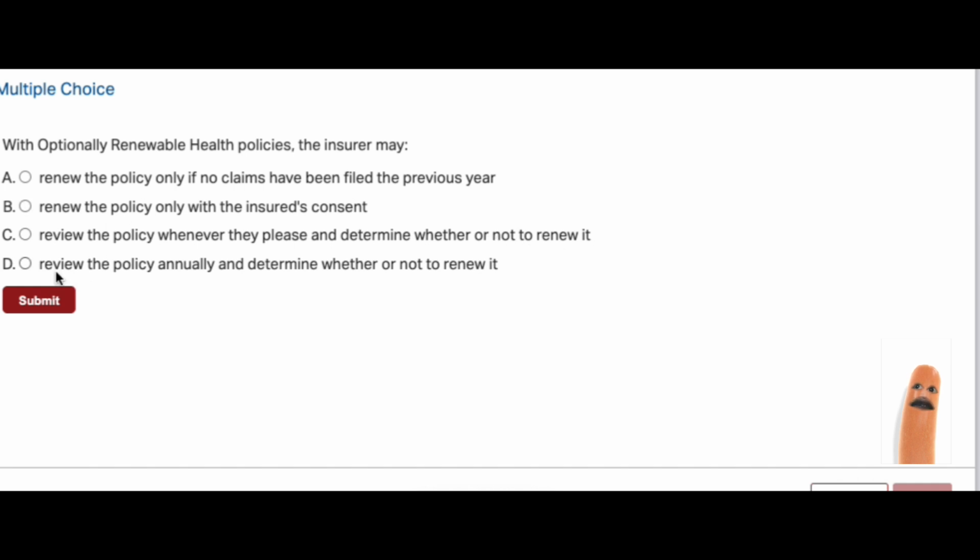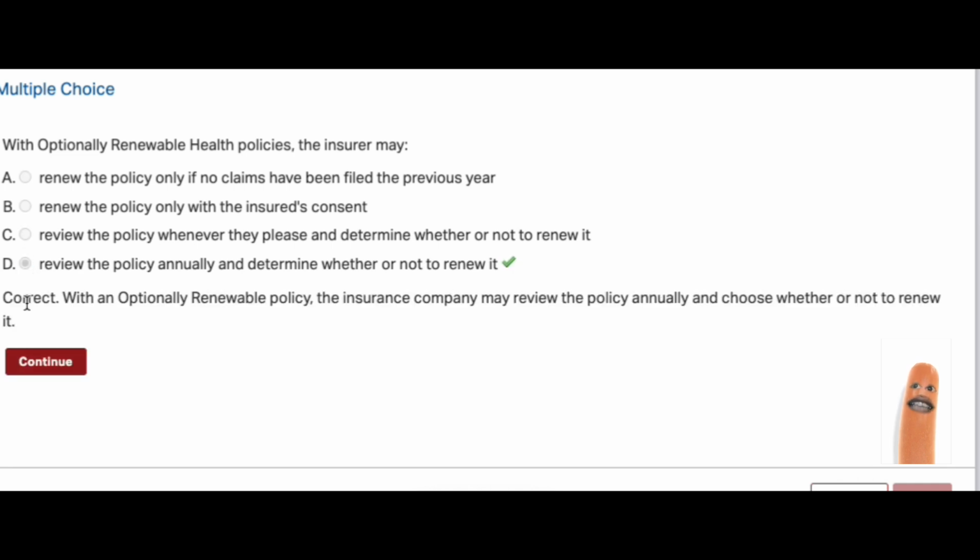Or D, review the policy annually and determine whether or not to renew it. I was gonna say C, but D sounds a little bit better than C, so I'm going with D, Bob, for 38 points. Ding! Correct. With an optionally renewable policy, the insurance company may review the policy annually and choose whether or not to renew it. That's right. Next question, please.